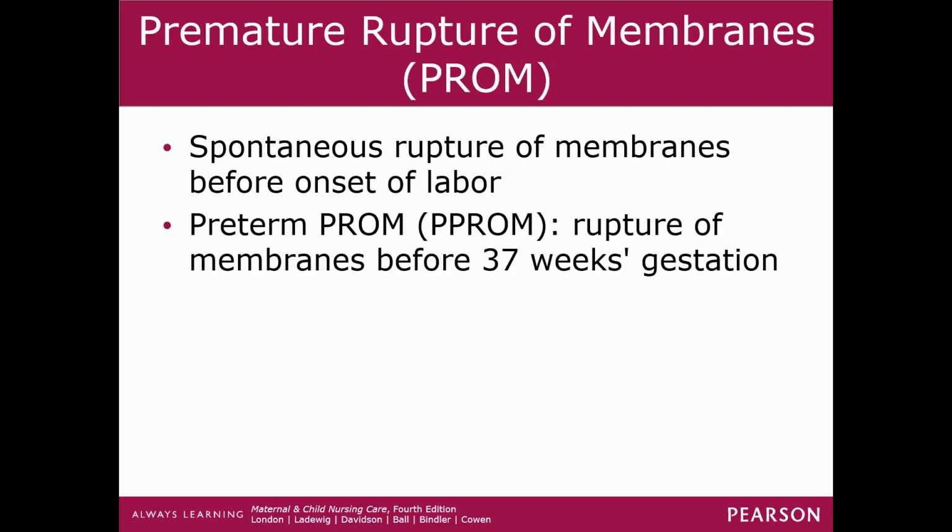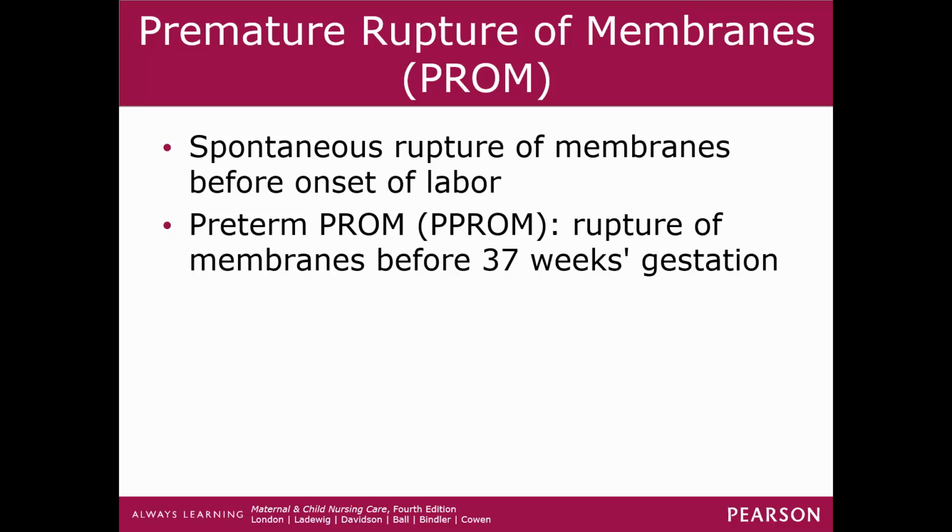Now, you can have preterm labor, and that's contractions, okay? Preterm labor is contractions and a change, a dilation, in her cervix. A woman can have rupture of membranes without contractions. That's called premature rupture of membranes if it occurs after 37 weeks.